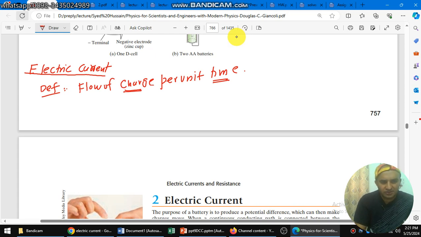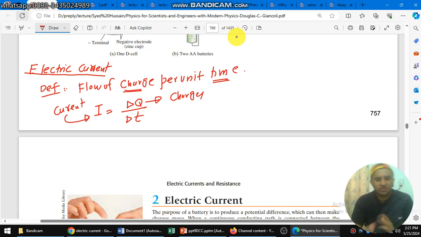Electric current is denoted by I, which is equal to the flow of charge del Q divided by time del T. So I stands for the electric current, and Q is the charge, how much charge flows, and T denotes the time. Charge divided by time is called electric current.